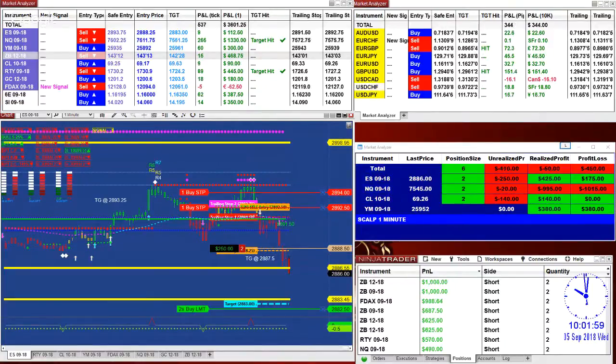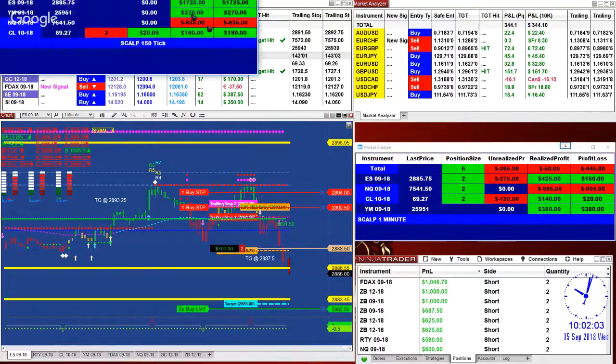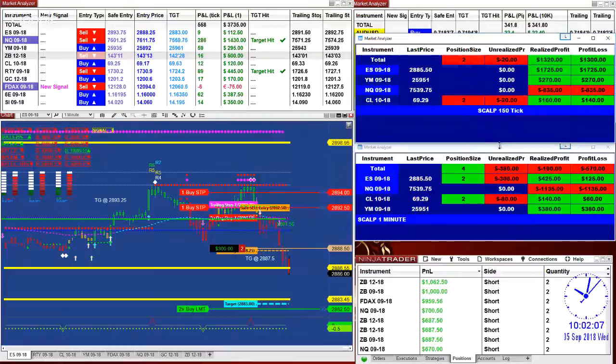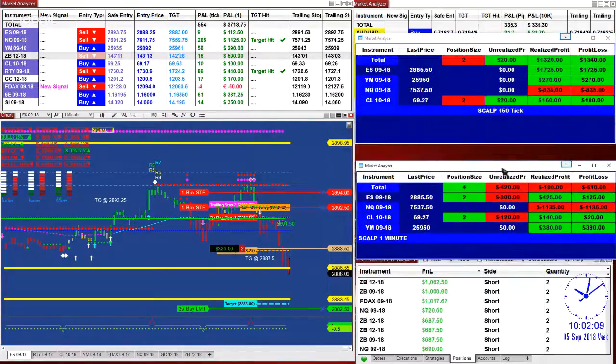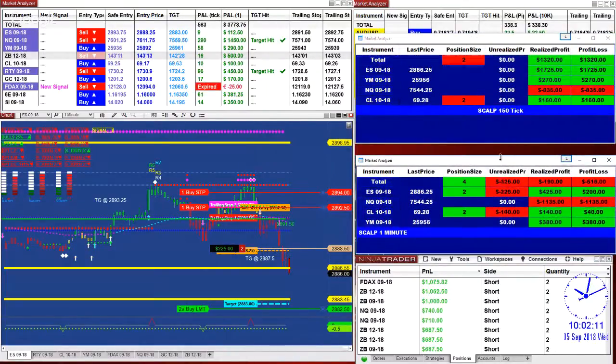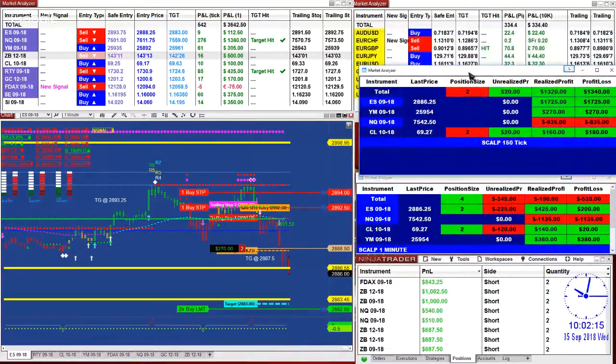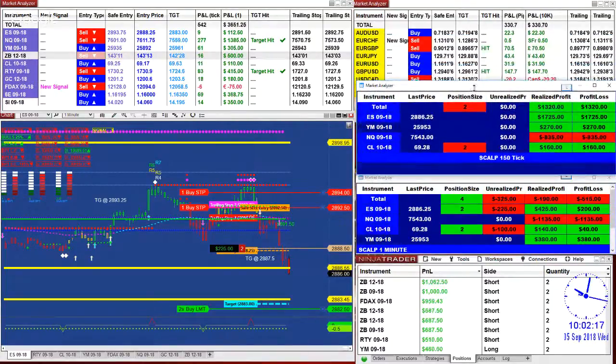The 150 ticks is still doing a little bit better than the 1 minute, but this is what you get for today on the scalper. Nothing we can do about it.